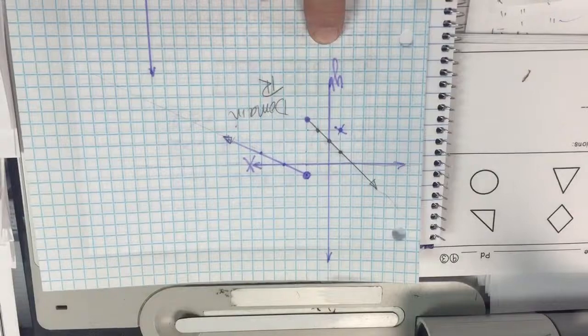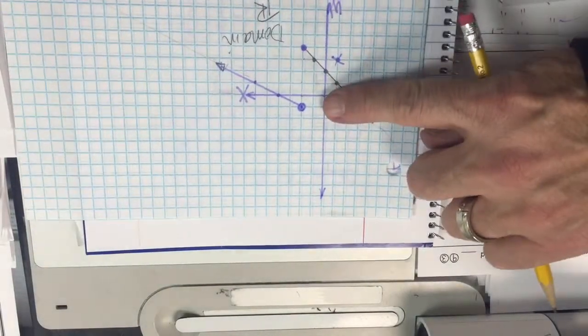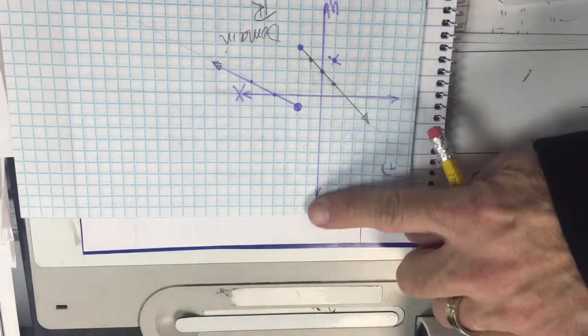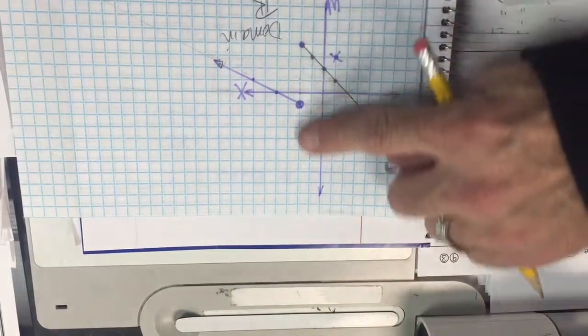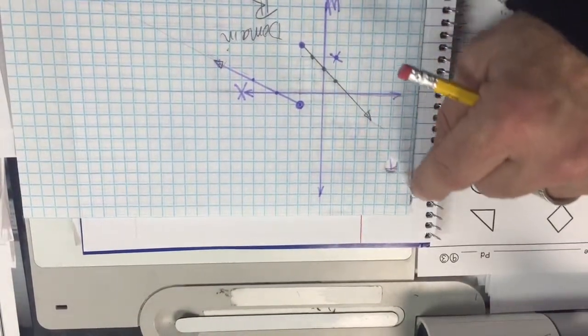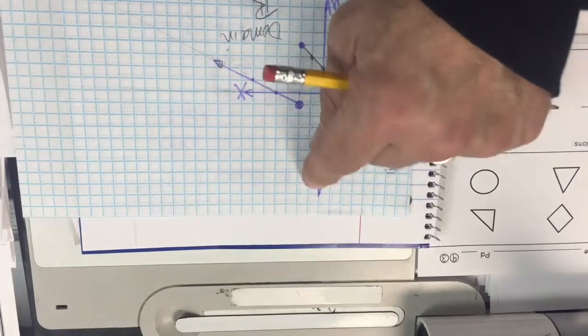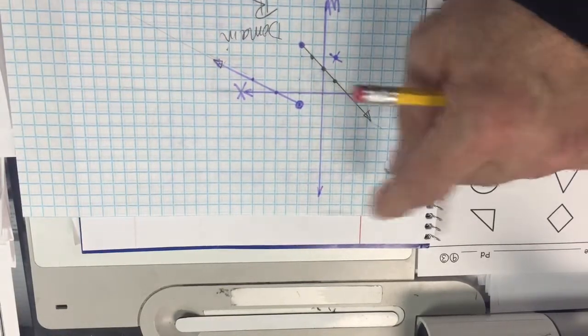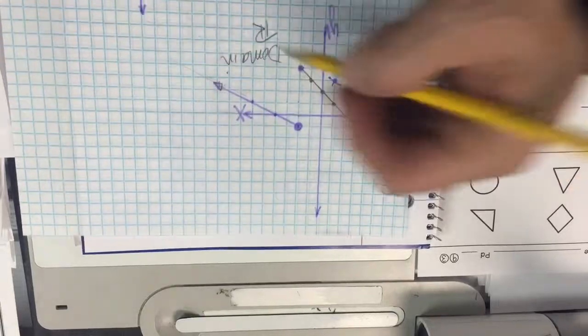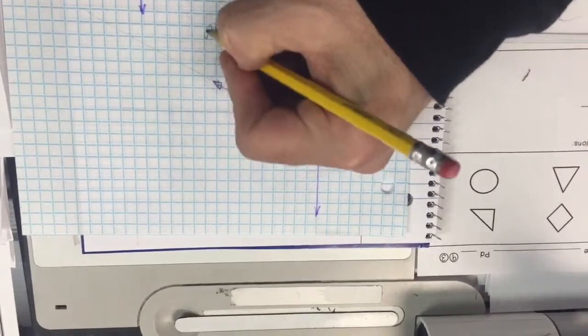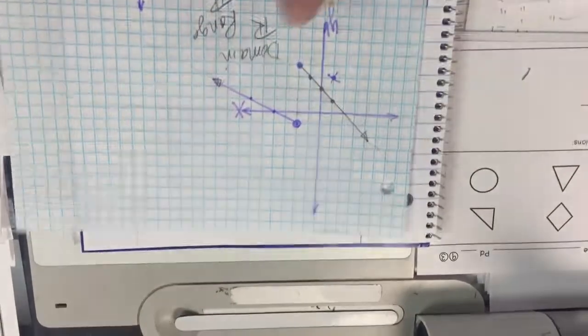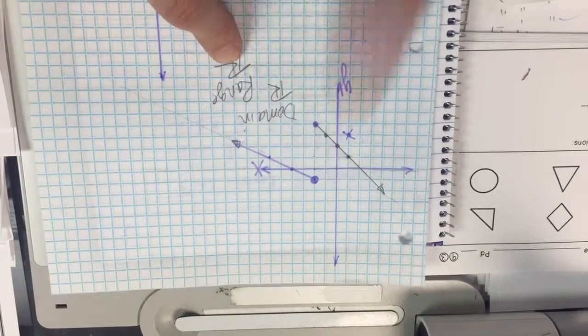And as my y values go up on the positive side of the y-axis, this is increasing up. So whenever we have a y value up here, we're going to be able to find the corresponding x value. So that means my range is also all real numbers. That's number 1.